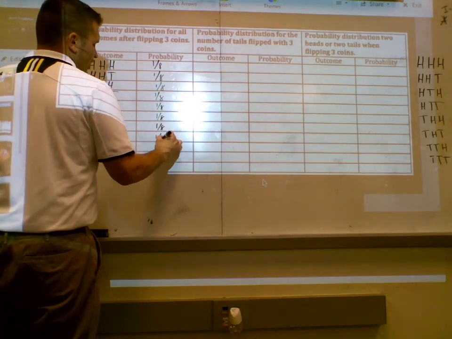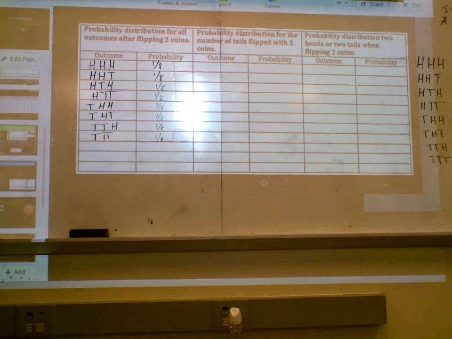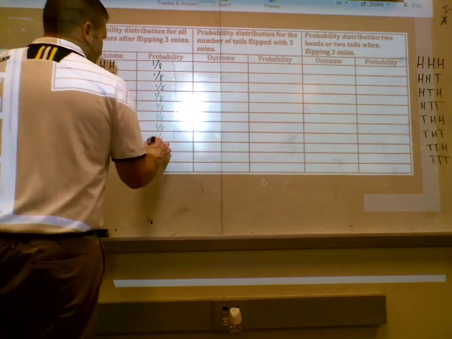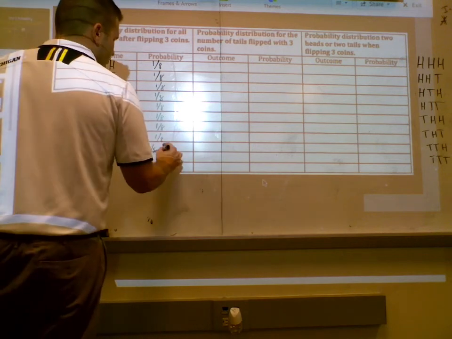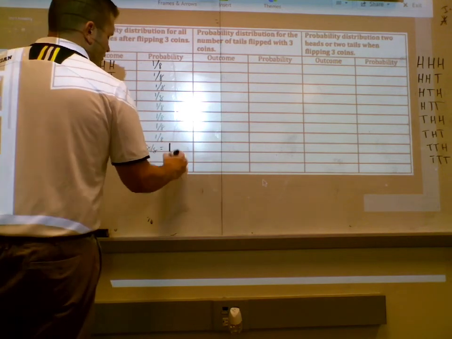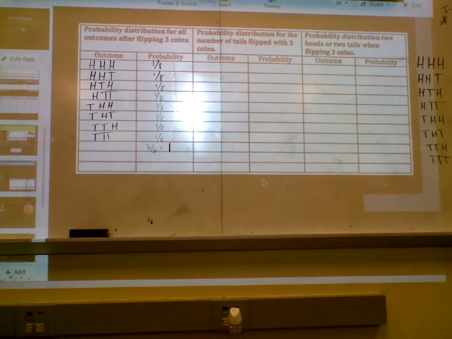Now if I add up all these probabilities, what do I get? I get 8 out of 8, right? What does 8 out of 8 mean? 1, right? Because if we add up all of our probabilities for a given situation, they should all add up to 1. Does that make sense, guys?